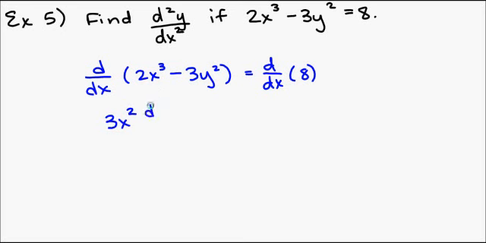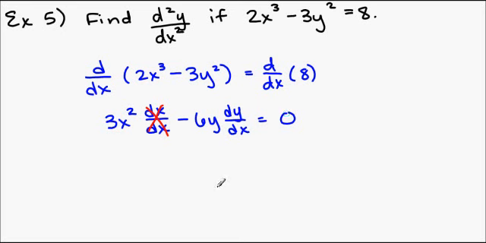Technically, you could write a dx here since we're differentiating with respect to x, but that just cancels, it goes away. Minus derivative of this is going to be 6y dy dx. So you're treating the y as if it could be something big like a u. Equals the derivative of 8, which is 0.